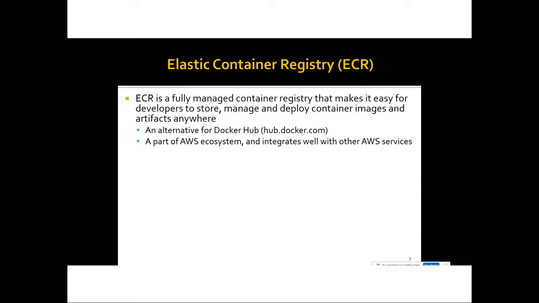So, registry. When we use Docker, we already know that if we do not explicitly specify the repository and registry, Docker Hub will be the default. ECR, or Elastic Container Registry, is an alternative to Docker Hub. We already know Docker Hub is basically for the public, available to the public.